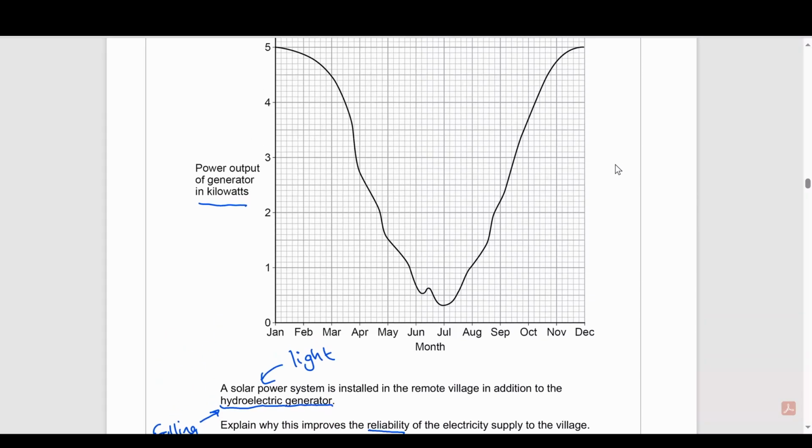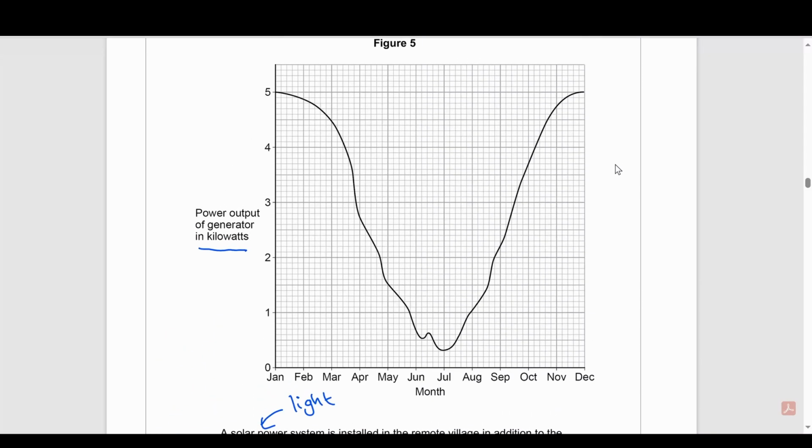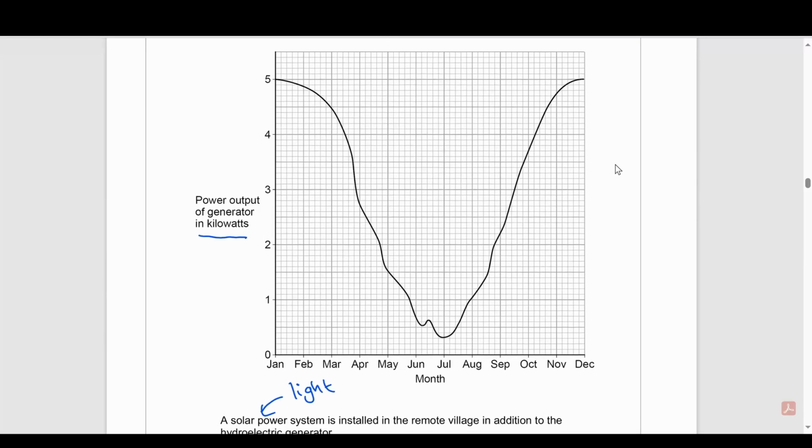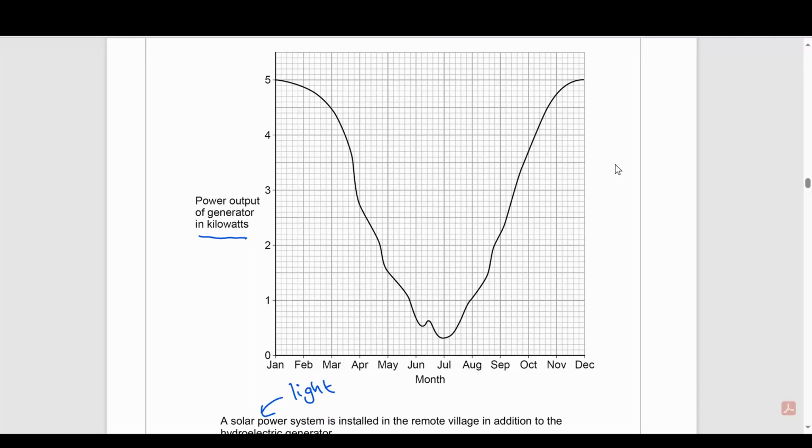So you need light to be present for there to be electricity generated. Well, from our figure, we've got different months of the year. So we have to think, when would the light intensity be its highest? We would expect the light intensity to be highest in the summer months, which would be May, June, July, August.